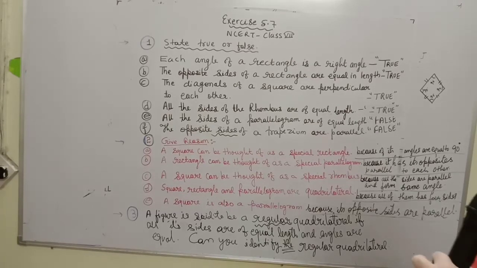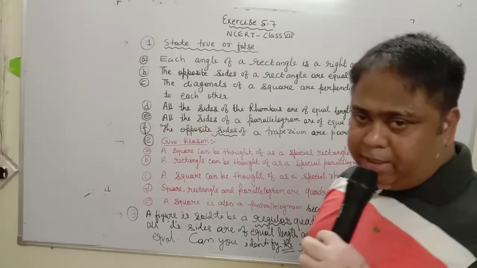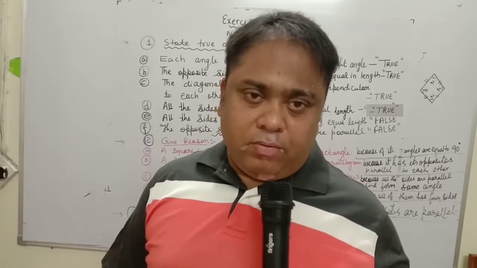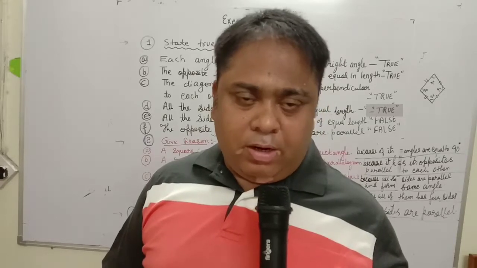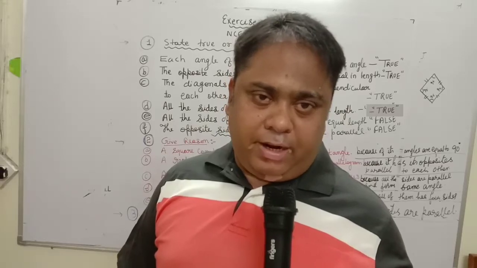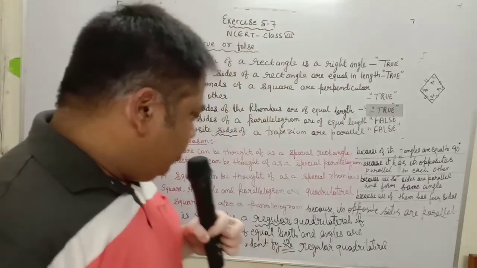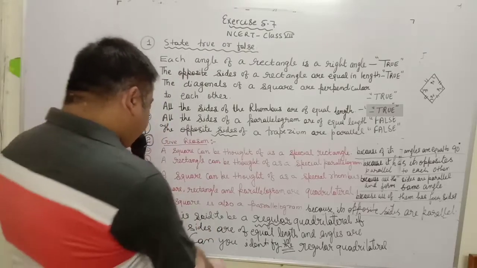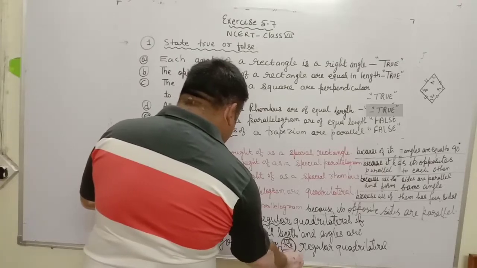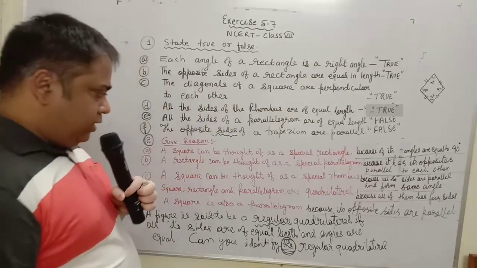So if there is a quadrilateral with 4 sides, such that all the sides are of equal length and the angles between the adjacent sides are also equal, then we call that closed geometric figure with 4 sides a regular quadrilateral. Now, the question is can you identify the regular quadrilateral, that means there is only one.